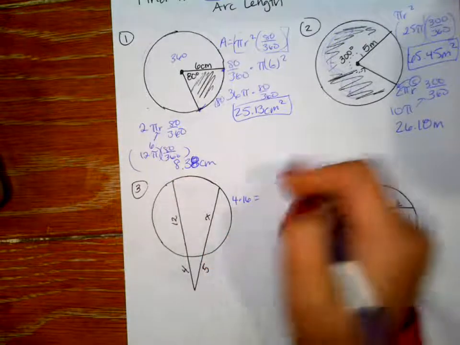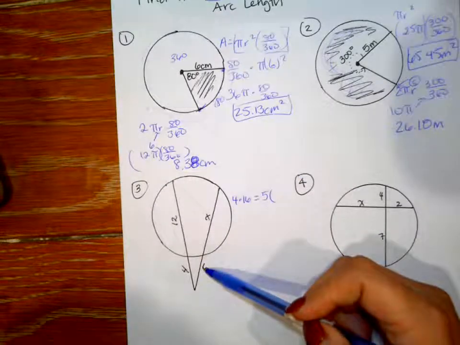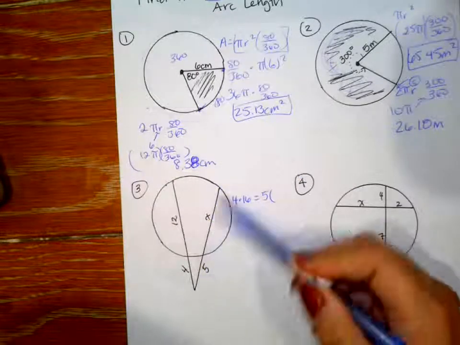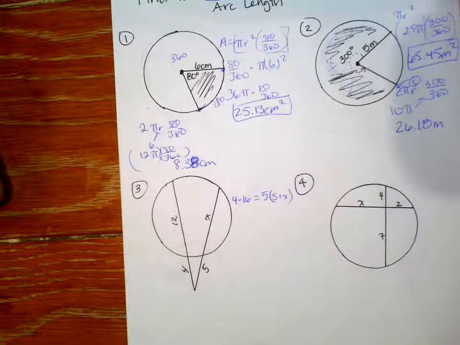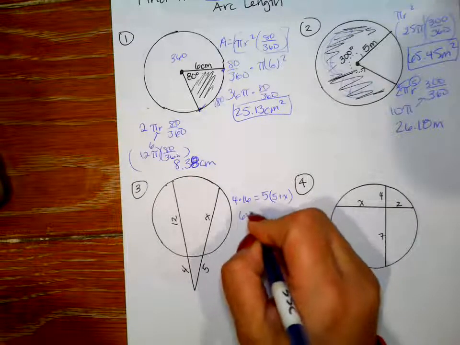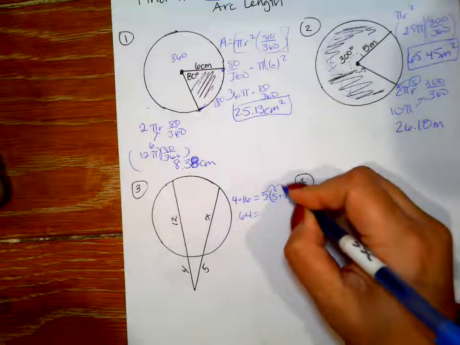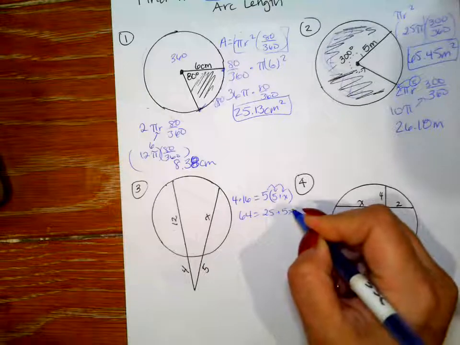The outside times the whole. I don't know what the whole is, but I know it's 5 plus x. And now I'm just going to solve for x. So I get 16 times 4, which is 64, equals, make sure you distribute to both, 25 plus 5x.